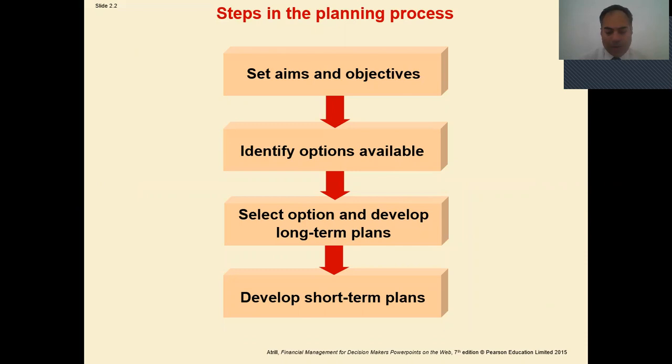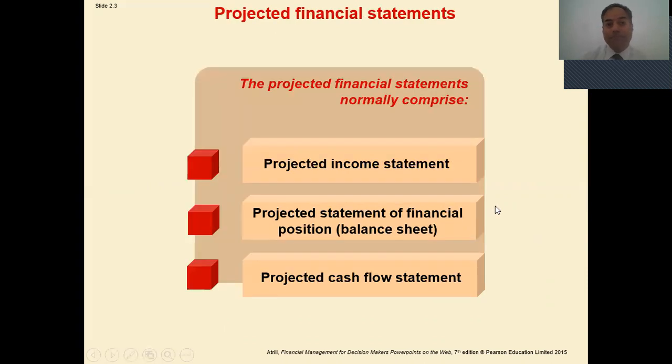So we have our long-term plans, which will be where we make our investments, our business decisions. And then we have our shorter term plans, which will be day to day, week to week, and month to month for the coming 12 months. And part of the planning process is making decisions and identifying different options to solve a particular problem or different methods or options to maximize our stakeholder wealth.